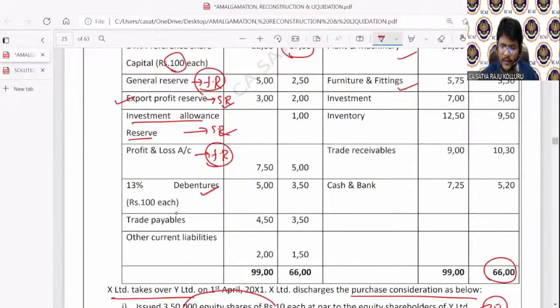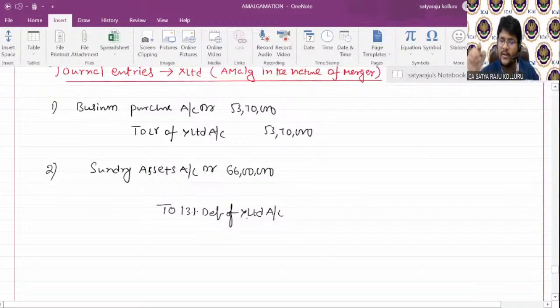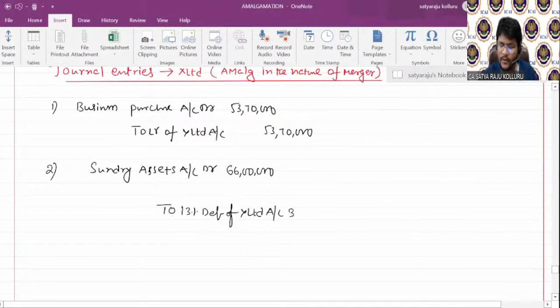Okay, now come to the liabilities, guys, one by one. The first liability is 13% debentures of Y Limited. You are in the books of X Limited, guys. Don't put 13% debentures; those are debentures of Y Limited. So to 13% debentures of Y Limited, 3,50,000. All are taken over at book values only.